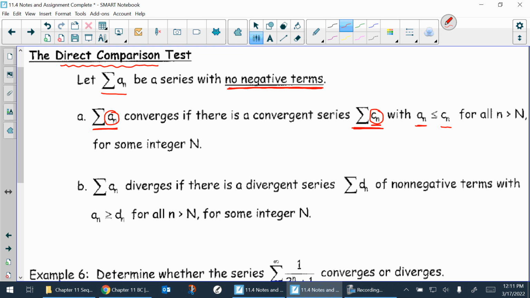So if I know that adding all these things up still results in a converging series, then if I add things up that are smaller, that's going to have a smaller sum, and therefore it's going to converge as well.